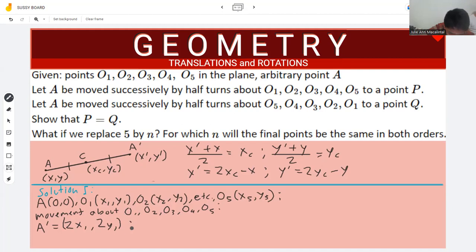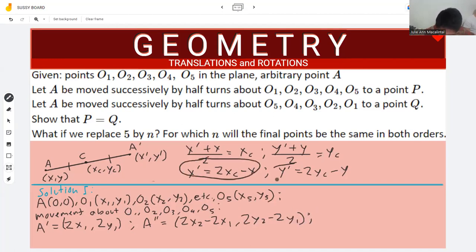So now next. As you can see, I'm just constantly feeding the previously found coordinates of the earlier already rotated point. Just keep feeding it into this formula.